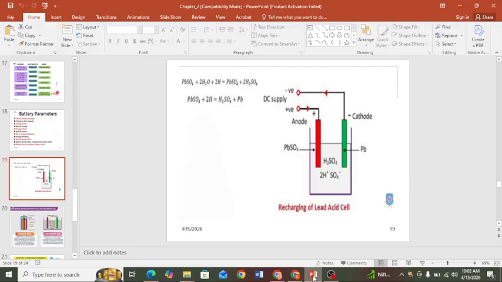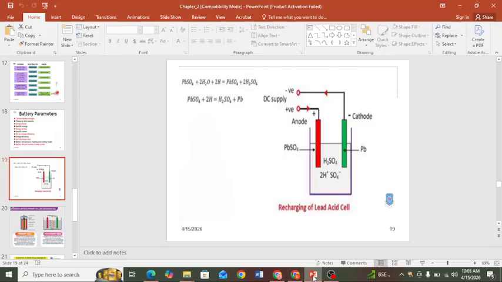This lead sulfate reacts with water and two hydrogen atoms: lead sulfate plus water plus two hydrogen atoms reacts to give lead plus sulfuric acid, H2SO4, and this H2SO4 is separated from the lead.